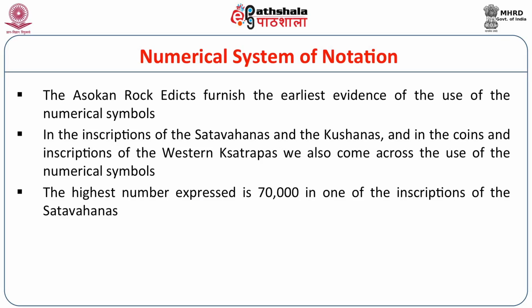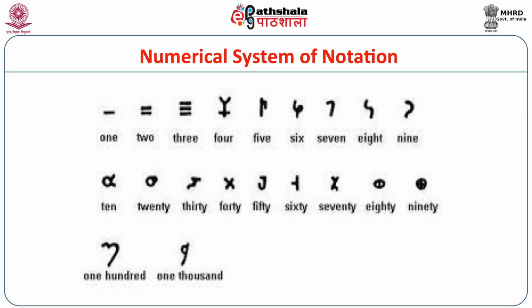Now so far as the system of notation is concerned, you can see it very well in this slide. 1 is expressed by a single horizontal stroke, 2 by 2 horizontal strokes, 3 by 3 horizontal strokes.